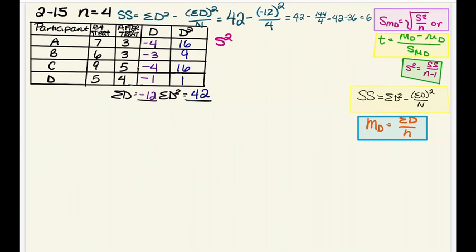Next, we'll use the sum of squared deviations for the sample of D scores to find the sample variance, which is the sum of squares divided by degrees of freedom, and in this case is 2.